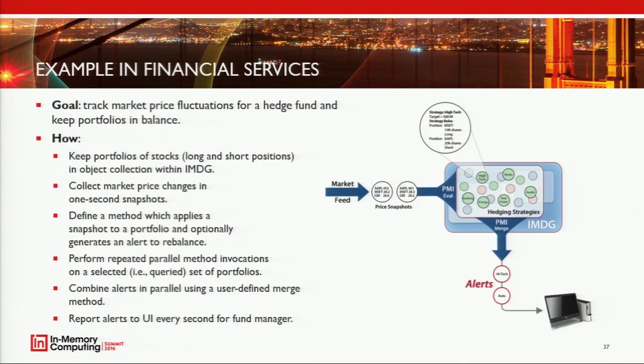The goal of a hedge fund is to keep a balance in the value of those so that they minimize risk. So as market prices change during a trading day, they want to evaluate all those portfolios to see if they need to make a trade to rebalance one of them. That's a perfect data parallel operation. Now you have a large amount of data that can be analyzed in parallel, based on one method that's run in parallel and uses a market snapshot as a parameter.